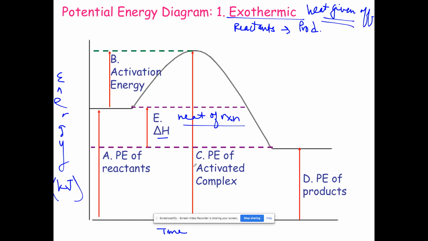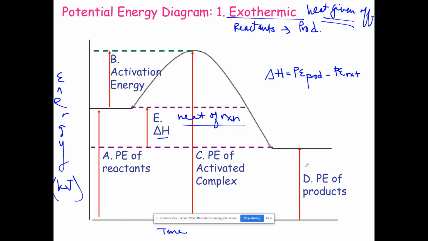Exothermic graph. Now, if you were to calculate, remember we talked about how delta H is a change? Delta H is calculated by doing the potential energy of the products minus potential energy of the reactants. There is no set of numbers on the Y, and I get that.